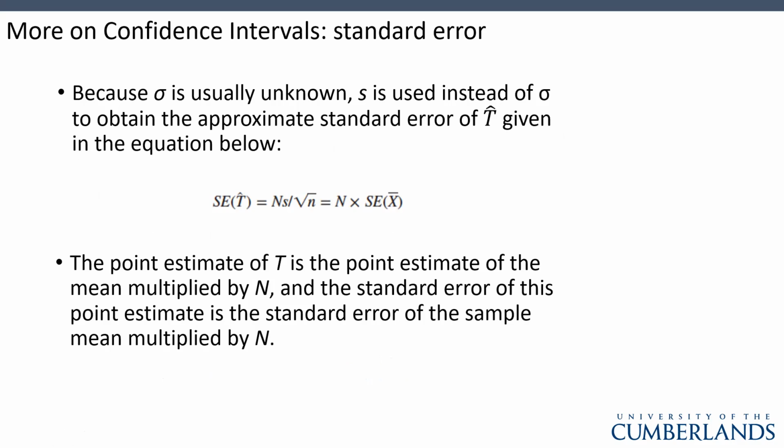The point estimate of T is the point estimate of the mean multiplied by N, and the standard error of this point estimate is the standard error of the sample mean multiplied by N.